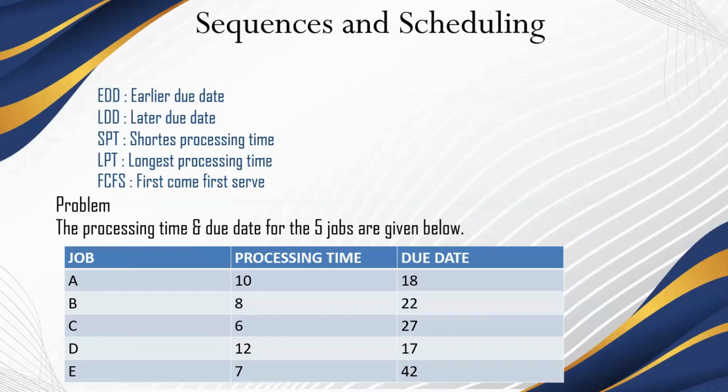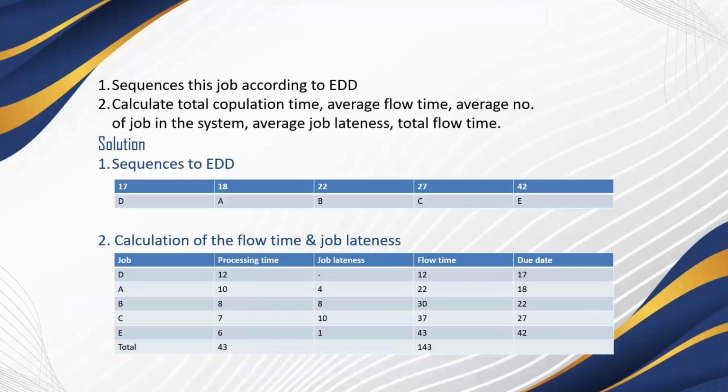After that, we will calculate the flow time and the job lateness. For that, we will first take the processing time. The processing time was given in the question. For the job lateness, the first one we will get 0, so we put a dash.